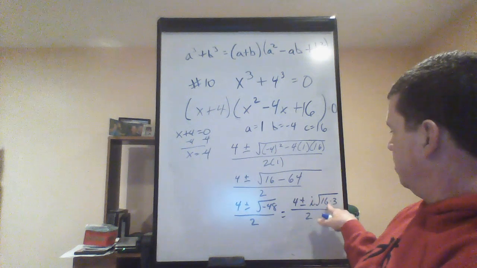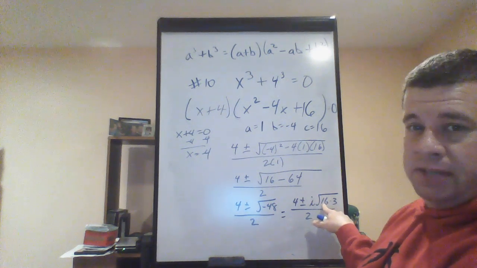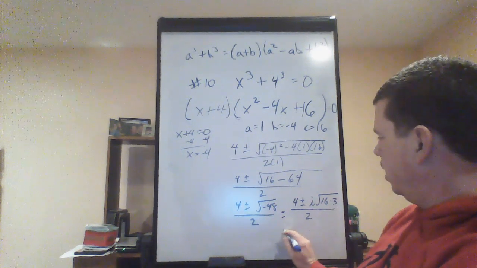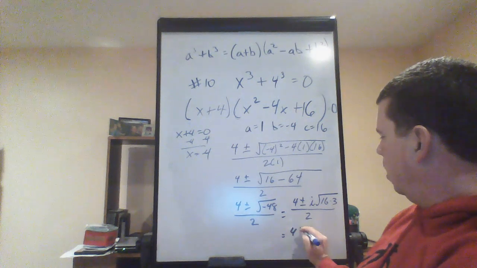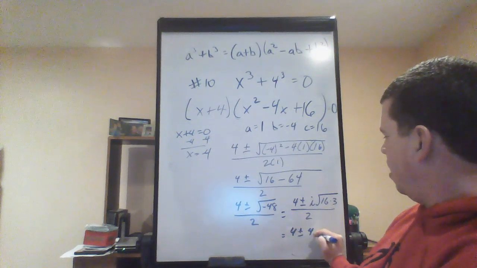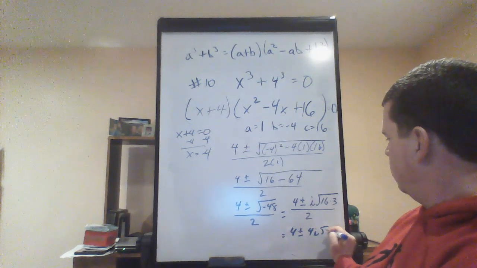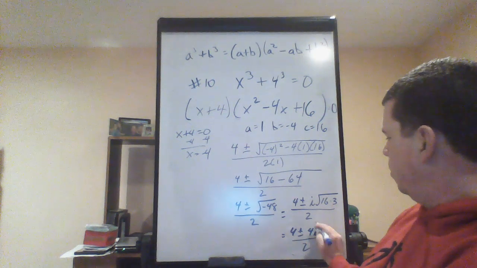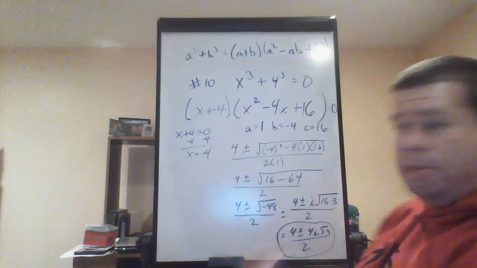Now I can simplify this even further. The square root of 16 is 4. So what I get is 4 plus or minus 4i times the square root of 3, all over 2, and I'd be perfectly okay if you came up with that answer.